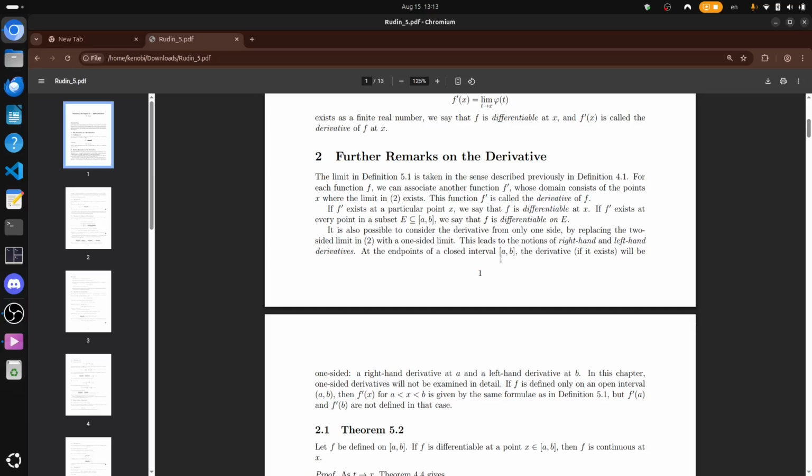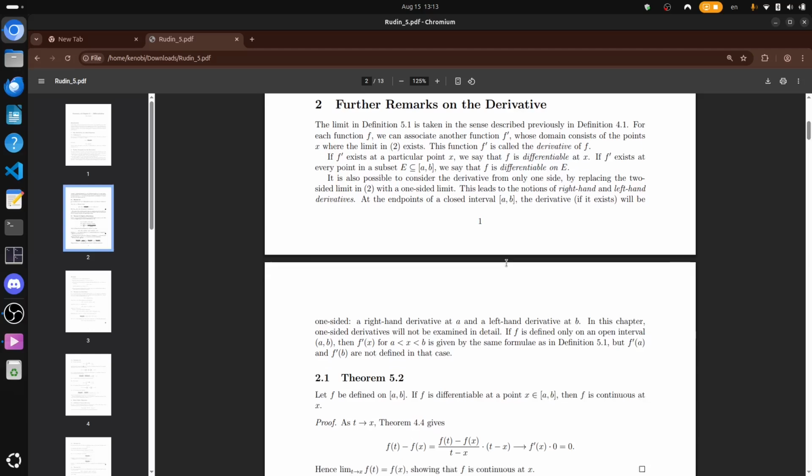So you can imagine the function absolute value of x. The right hand derivative at x equals 0 is 1. The left hand derivative at x equals 0 is negative 1. And since they're not equal, the derivative doesn't exist.